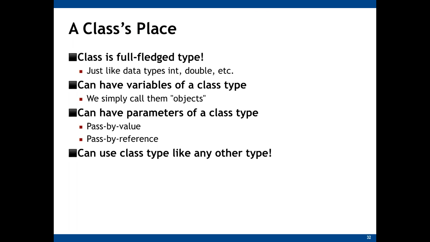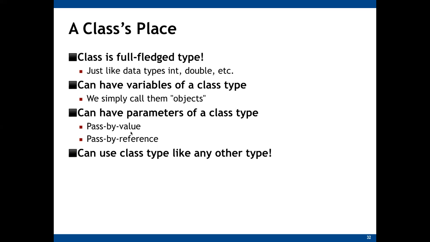A class is a full-fledged type, just like other types such as int and double. You can declare variables of class type, and functions can have class-type parameters. You can use class-type parameters as call by value and call by reference.